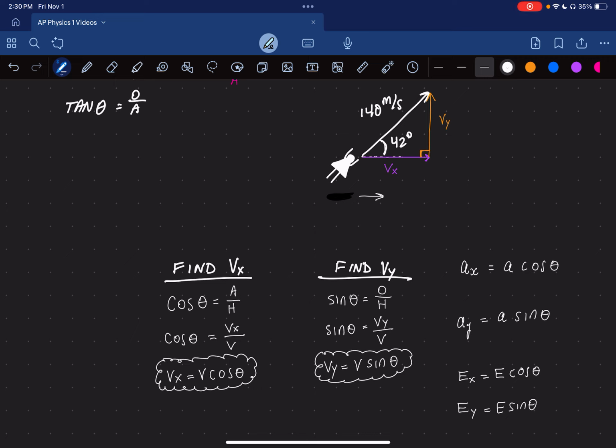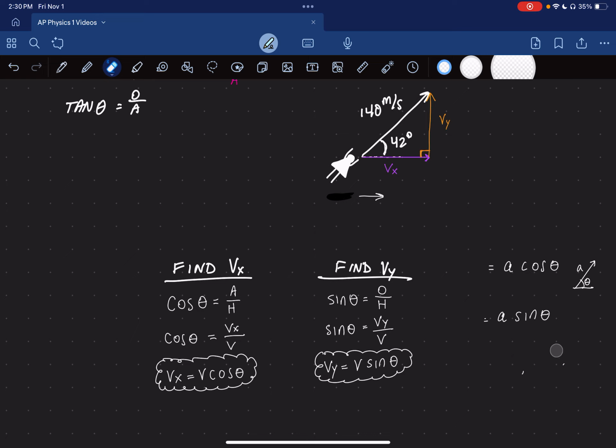If you have an electric field at some angle theta, or if you have some acceleration at some angle theta. Right, so this equation changes depending on what kind of vector you're looking at. So you can memorize them, but it may look different whenever you use it, depending on your vector.